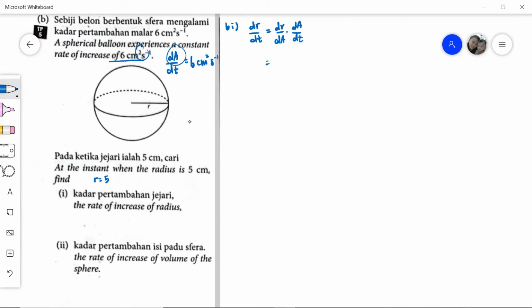The thing is, we do not have dr by dA. So we have to think of the equation that relates A and r. Since A is the total surface area of the sphere, the area can be written as 4 pi r squared. So dA by dr will be 8 pi r.